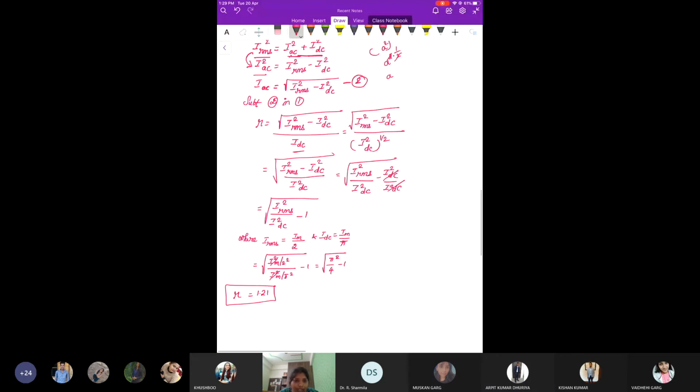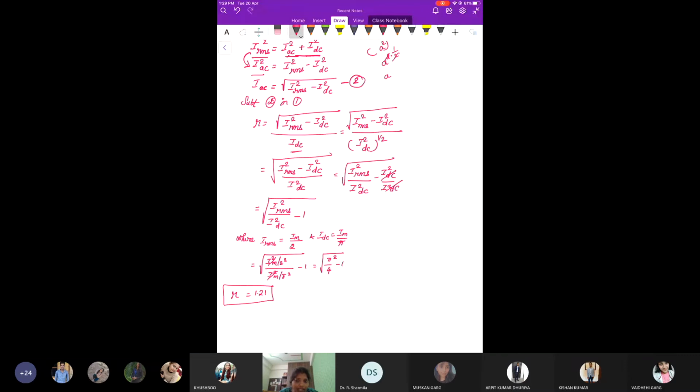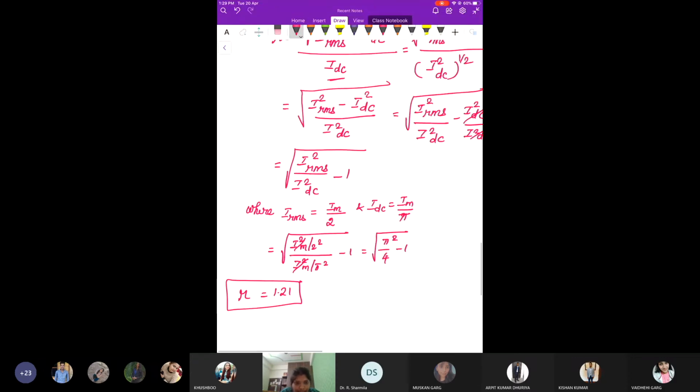Don't think that you have to derive this much derivation in the exam. As a CSC student, mostly they ask you to explain the working of the half-wave rectifier. But sometimes in a 2 mark question, they will ask you to write the ripple factor value for the half-wave rectifier, or they will ask you to write a short note on the rectification efficiency or ripple factor of a rectifier.